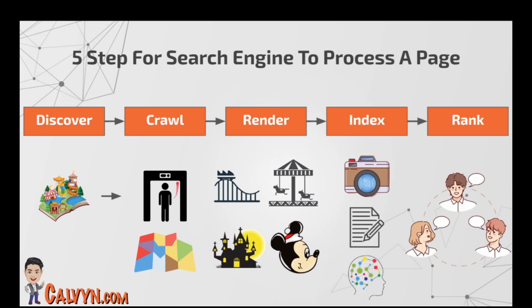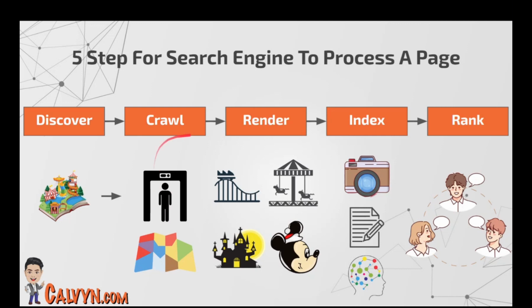This security guard in the search engine world, we call it the robots.txt. And the robots.txt will show you a map. In the search engine world, we call it the sitemap. So the security guard gives you a map of the Disneyland, where to navigate, right?